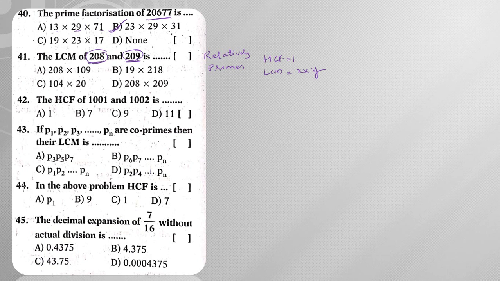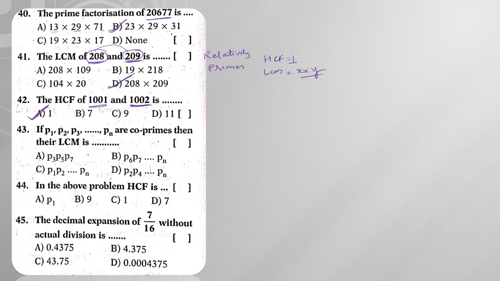Since these two numbers are consecutive, their HCF will be 1 and LCM will be the product of the numbers. In the next question, 1001 and 1002 are relatively primes. That means they are two consecutive numbers, so clearly their HCF will be 1, right?